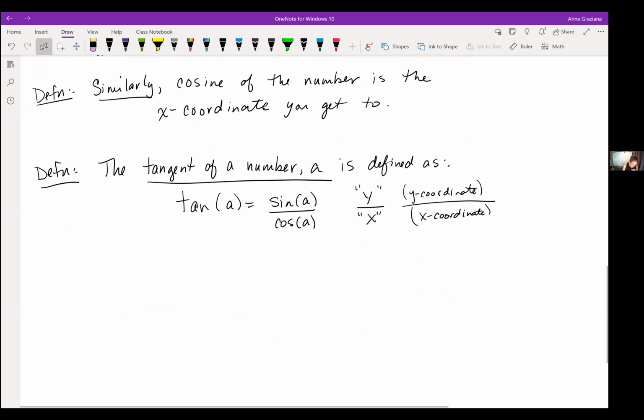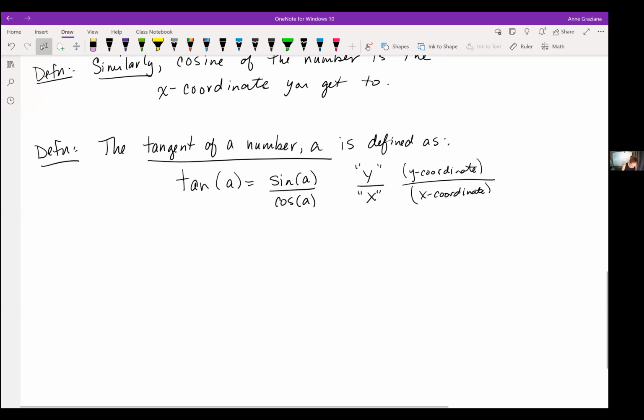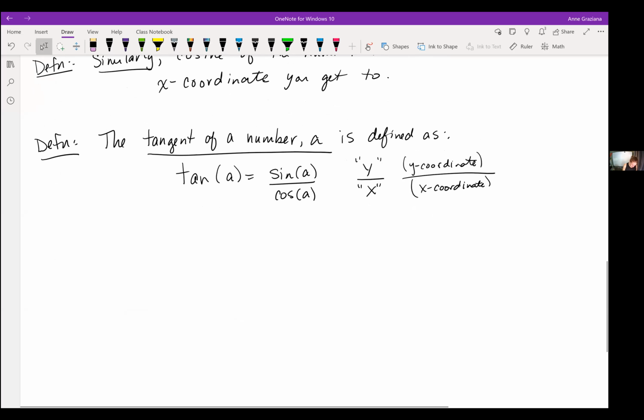Here's an example: find sine of 3, cosine of 3, and tangent of 3. Let's do all 3 at one time. We don't need to waste time here.